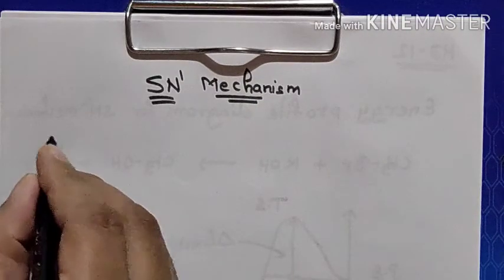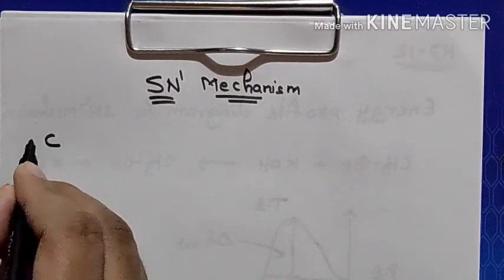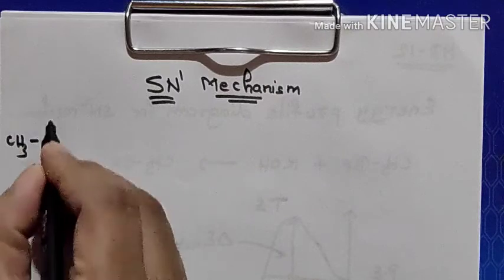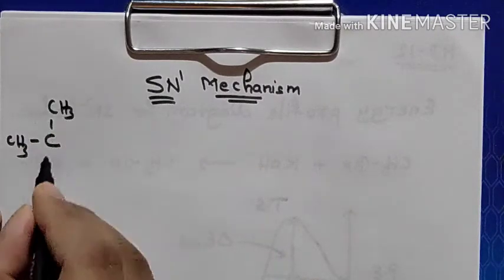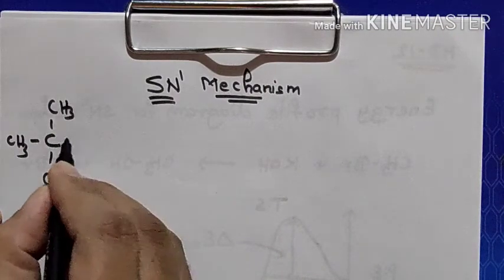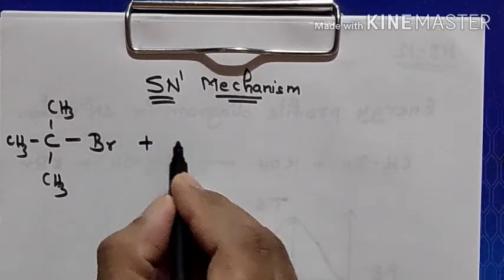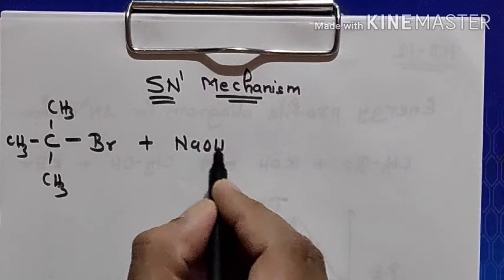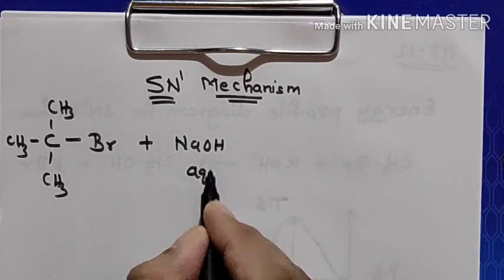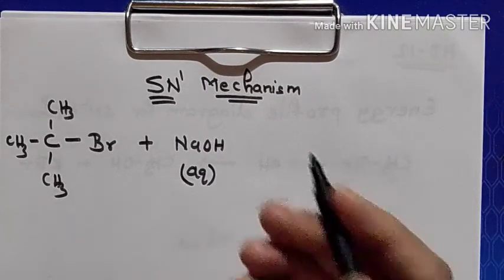Suppose the reaction is this: CH3, CH3, CH3, I take here Br, and I treat this with NaOH, aqueous. Understand, student? This is aqueous.